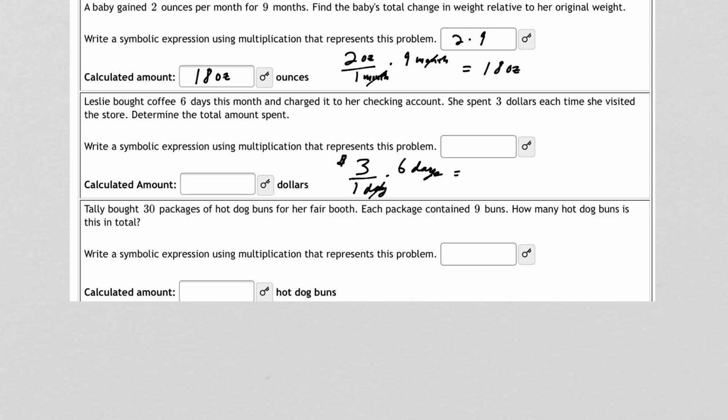The units of days will cancel, and I'll end up with the amount of money in dollars, so this is going to be $18. So the expression is simply 3 times 6, and the final result is $18.